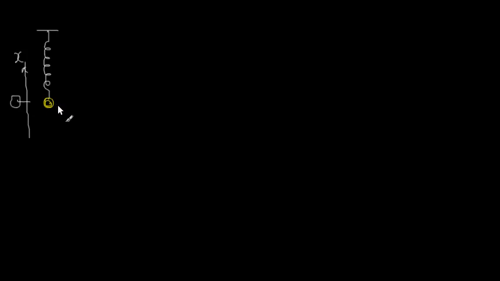So let's say at time t equal to 0, the ball is here. At this time, the ball just passes the rest position and is on its way up. So it goes up, down, up, down, up, down.